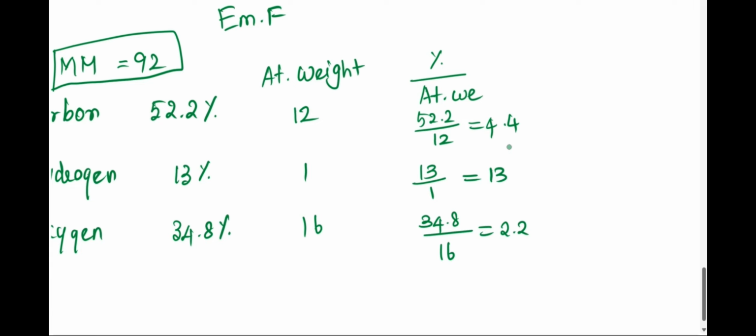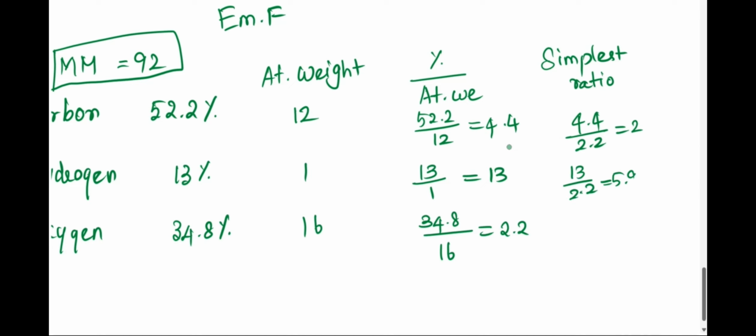The simplest ratio would be dividing the smallest number into all of these. For example, 4.4 divided by 2.2, which is equal to 2. 13 by 2.2, which is equal to 5.9, and 2.2 divided by 2.2, which is equal to 1.